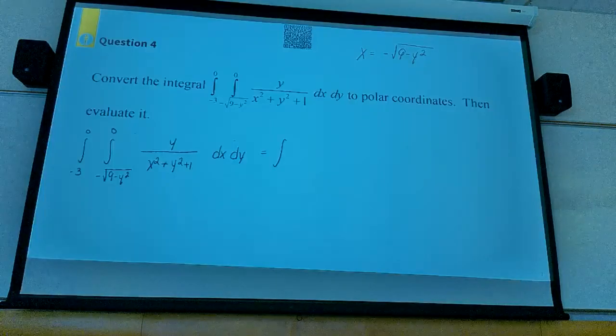Bottom left of quadrant 3. So then wouldn't that look like this? What are the angles? What did we just say? Pi to 3 pi over 2.